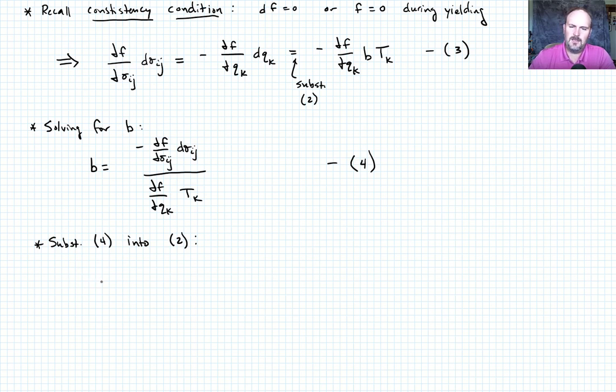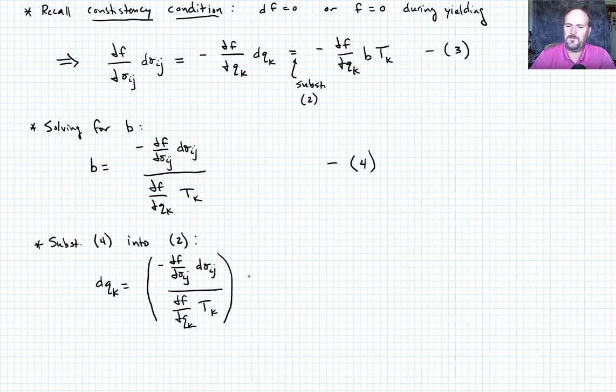That said that dq k is equal to b times t k, where b looks like the partial of f with respect to sigma ij times d sigma ij divided by the partial of f with respect to q k times t k.